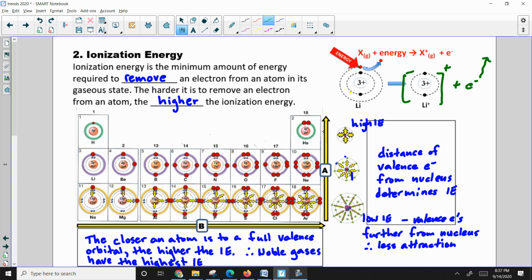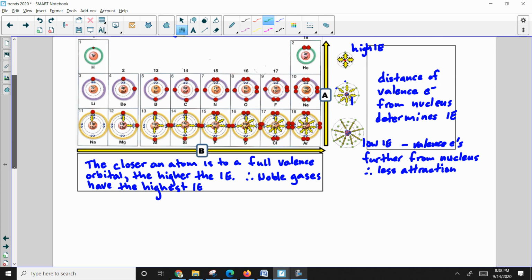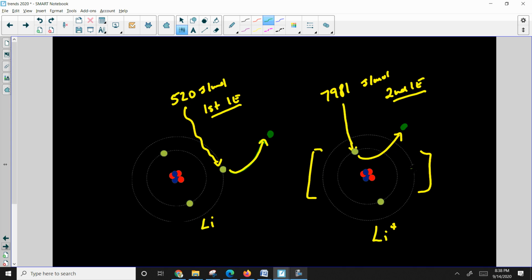So helium has a complete orbital, and it also has its electron orbital very close to the nucleus. So as a result, it has the highest ionization energy. So the idea is this. As you're going across to the right and then upwards, the ionization energy increases. So very straightforward there. Okay?